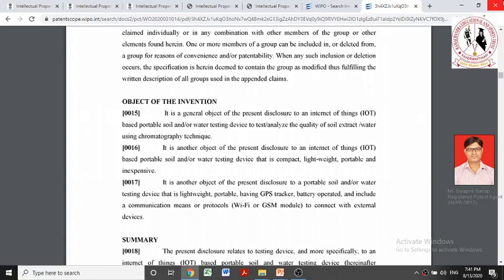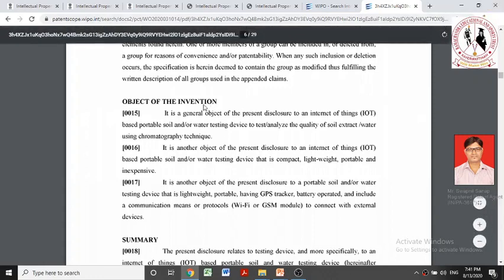Most importantly, he has also come up with a third aspect which says that this device, along with being portable, should have a mechanism of communicating. That means it should be capable of sending the data to other devices using Wi-Fi or GSM. This is what talks about the objects of the invention.